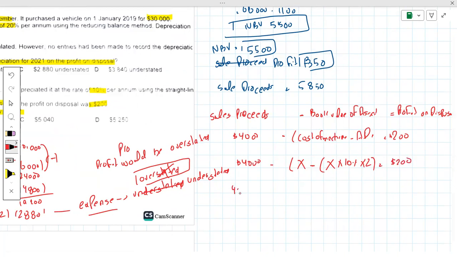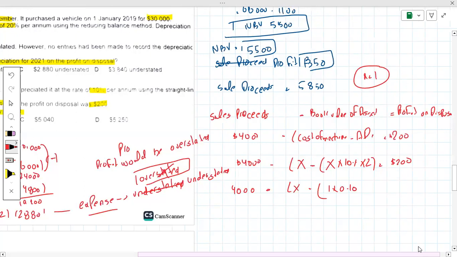Okay, so 4,000 as it is minus, because we don't know what the value of the cost of the machine is. So we know that X is always equal to 1. So 1 multiplied by 10% is equal to 0.10. If we convert it to decimal, 10% divided by 100 is 0.1.